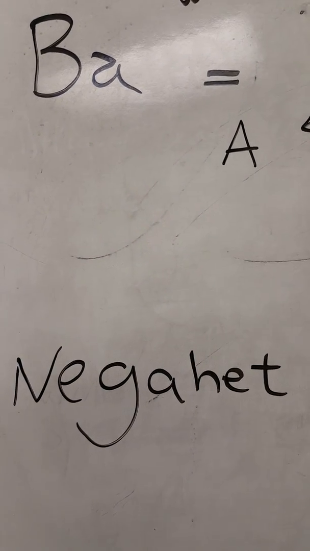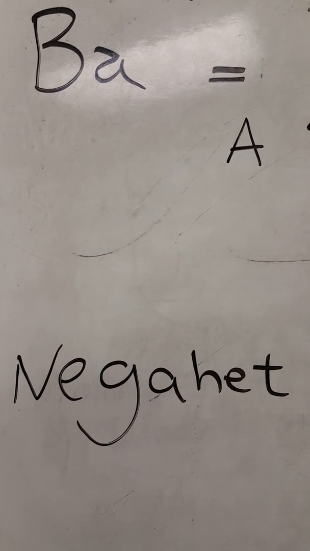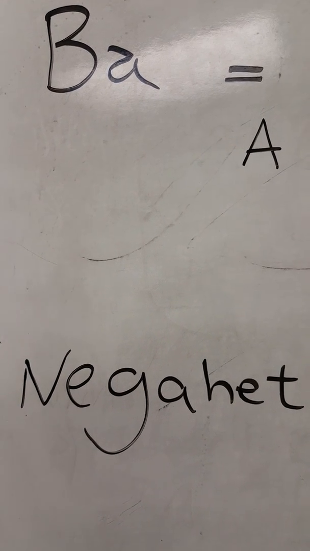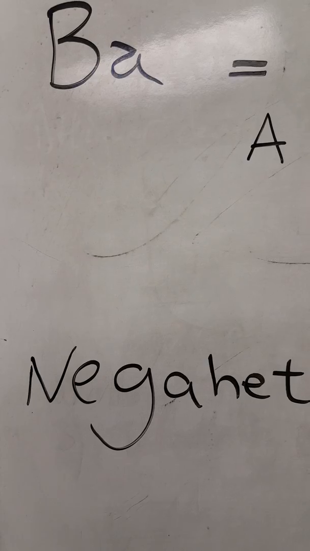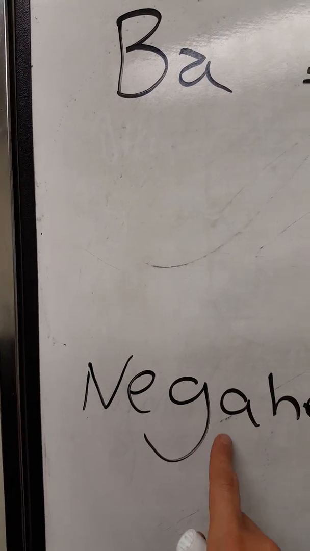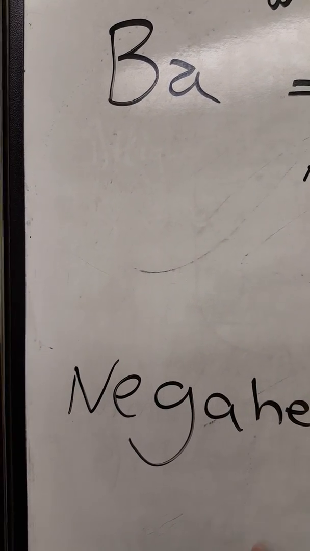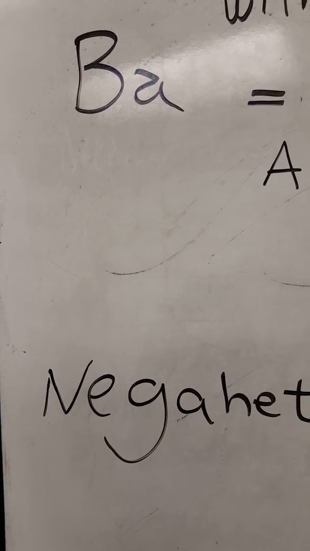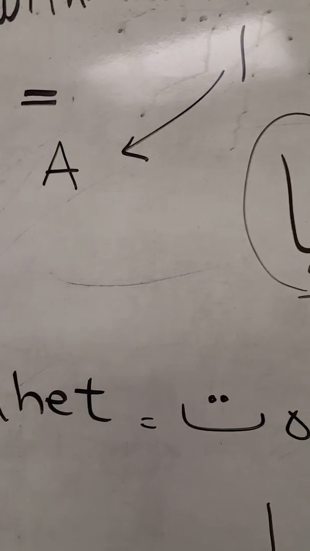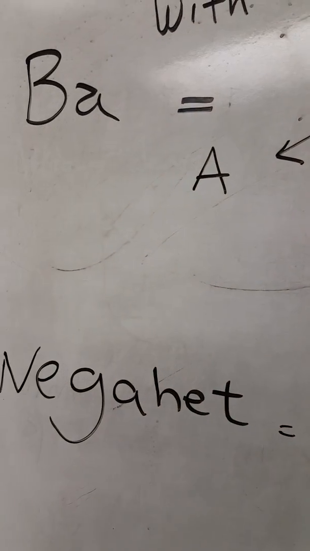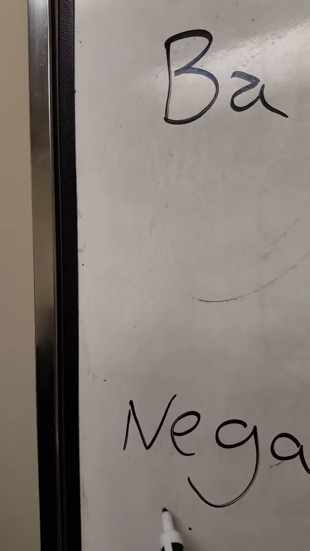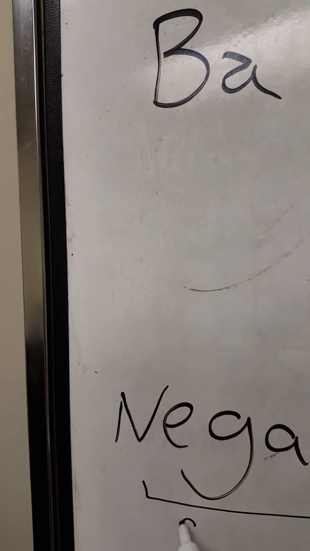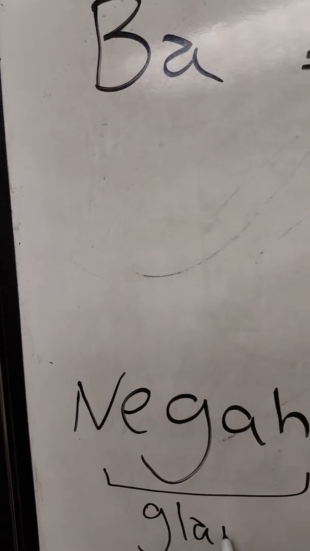نگاهت, that's how it's written in English, but you don't understand these English alphabet together to come to any meaning. So I translate this. نگاهت means your glance. نگاه means glance.